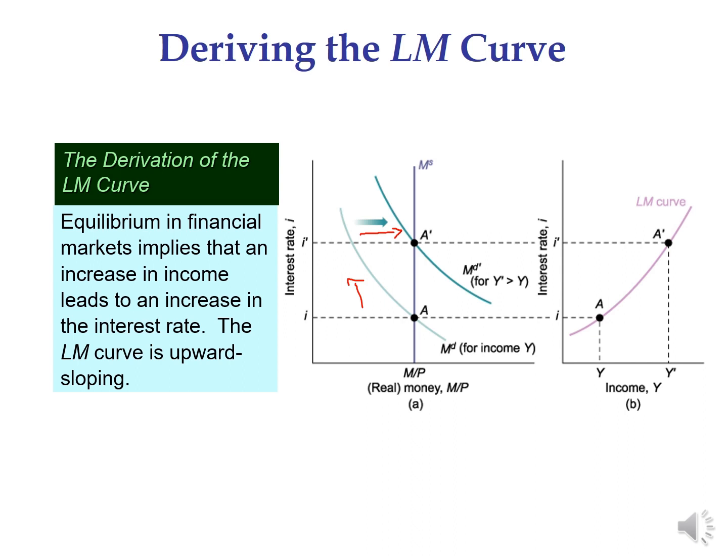Where A dash is here, this is the basic equilibrium before the increment. So the output automatically increases from Y to Y dash.